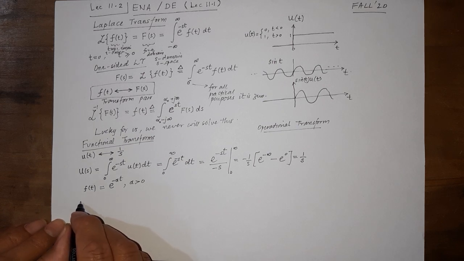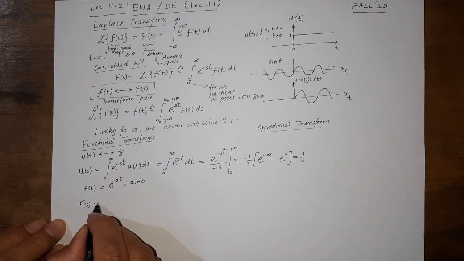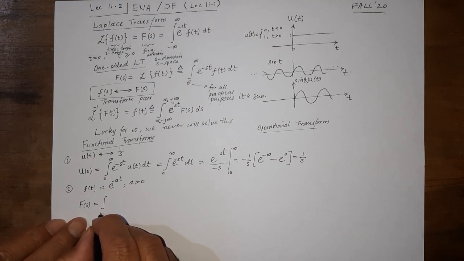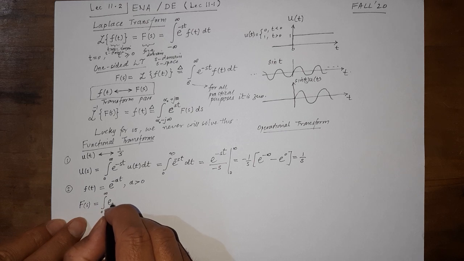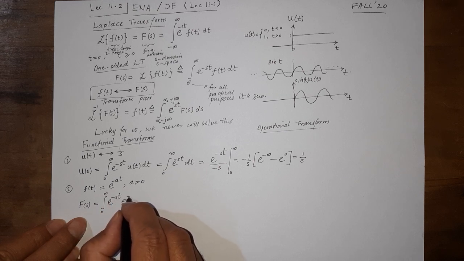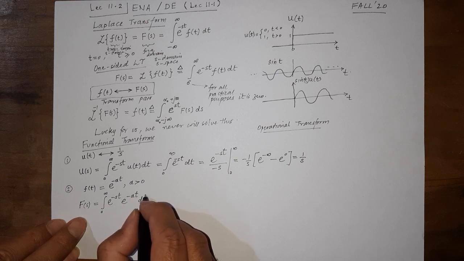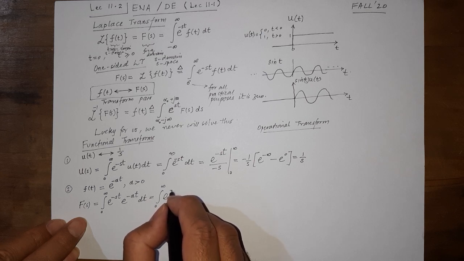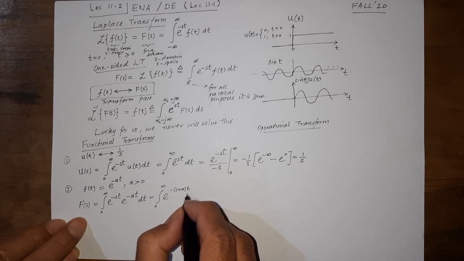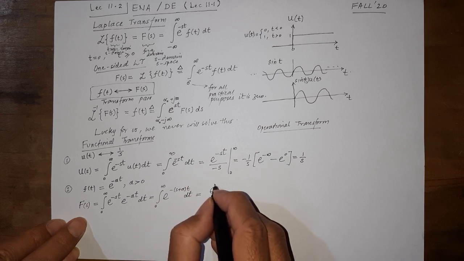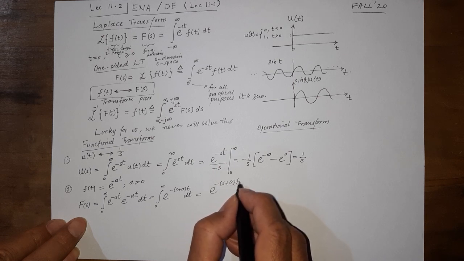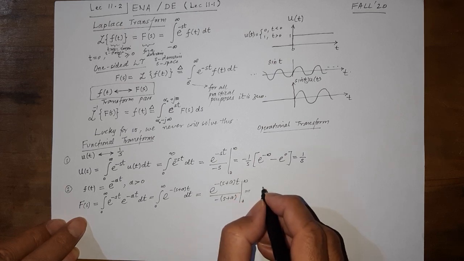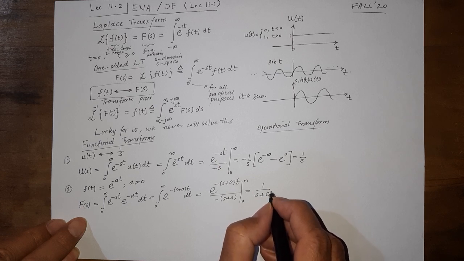So by definition, the f of s for this function is the integral from 0 to infinity e raised to the power minus st multiplied by the function e raised to the power minus at dt, which is the integral from 0 to infinity of e raised to the power minus (s plus a)t dt, which is e raised to the power minus (s plus a)t over minus (s plus a), limit 0 to infinity, which we know is going to be solved to 1 over s plus a.